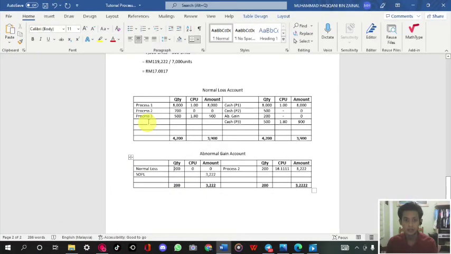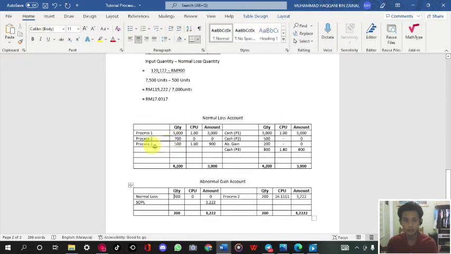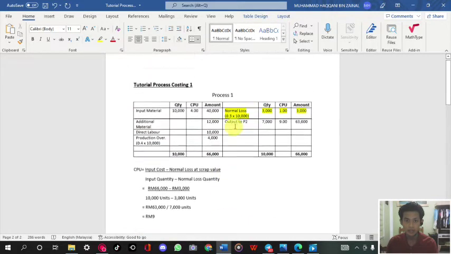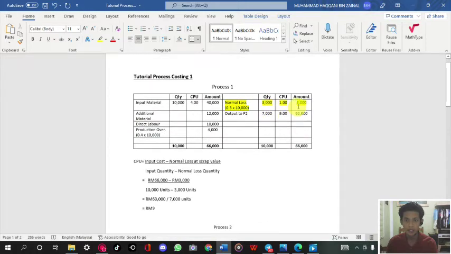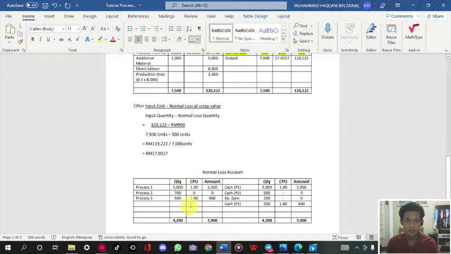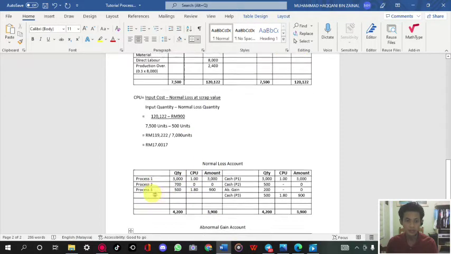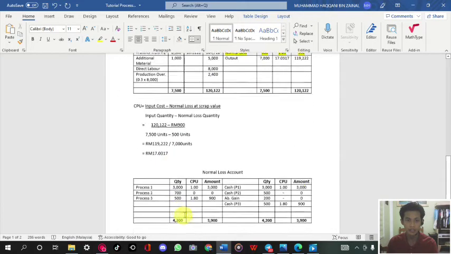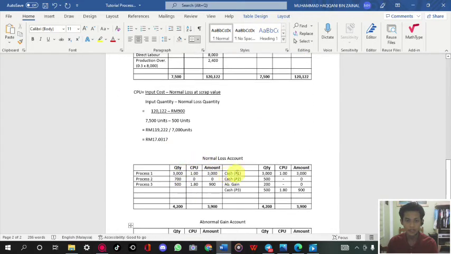To open a normal loss account, we just need to take the amount from process 1, which is 3,000 quantity and 3,000 ringgit, and add it into the debit side, followed by process 2 and process 3 on the debit side. From the credit side, we enter into the debit side. For the credit side, we just round off the amount.